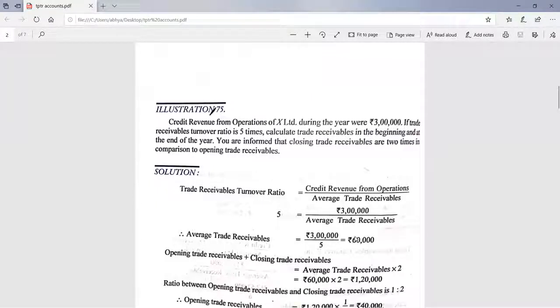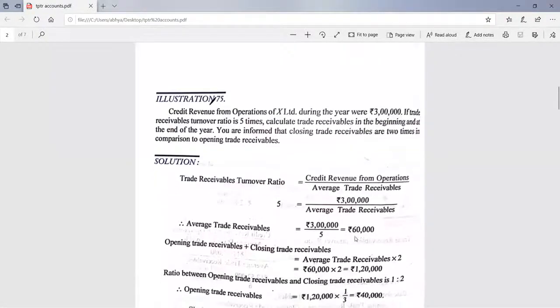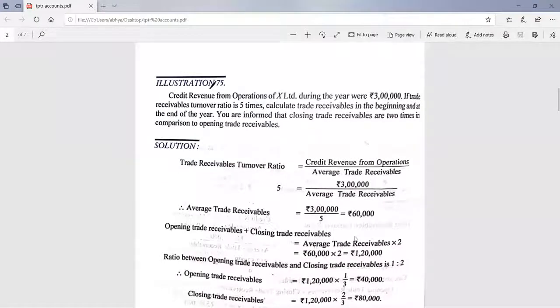If trade receivables turnover ratio is 5 times, then calculate trade receivables in the beginning and at the end of the year. One piece of information is given: closing trade receivables are 2 times in comparison to opening trade receivables.